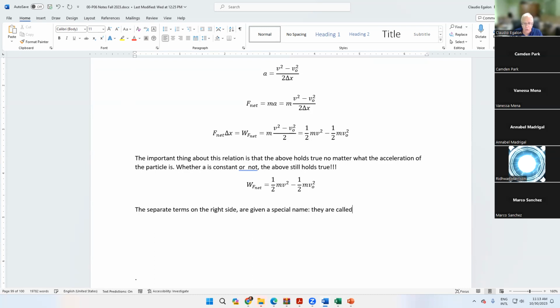They are called the kinetic energy, or the energy due to motion. So I'm going to write it down here: KE is equal to one half the mass times velocity squared. Does it make sense that it's energy?